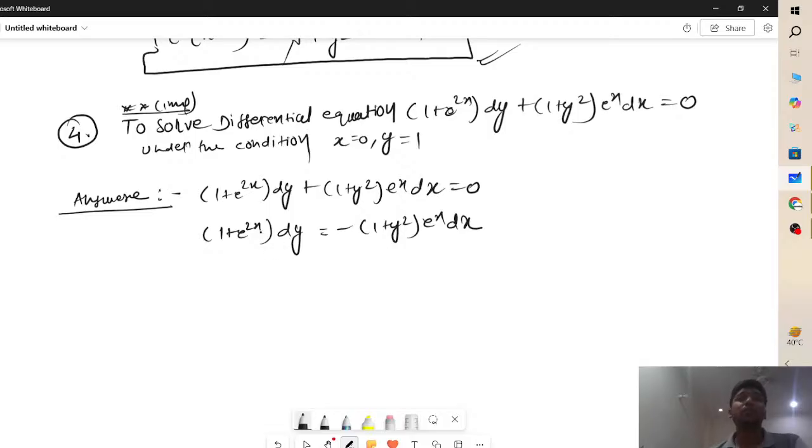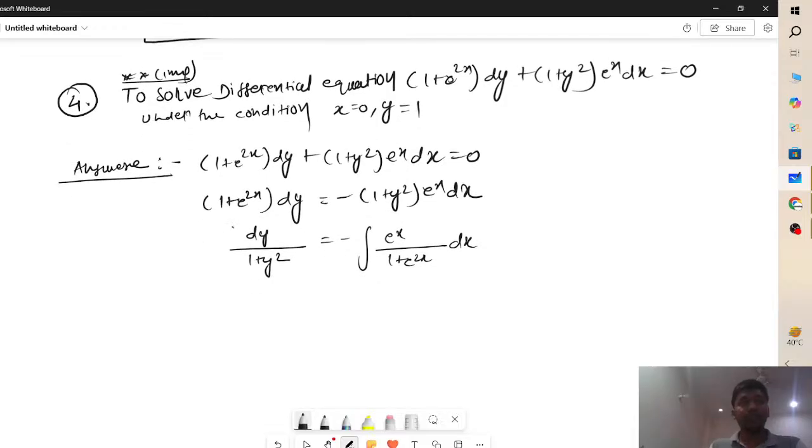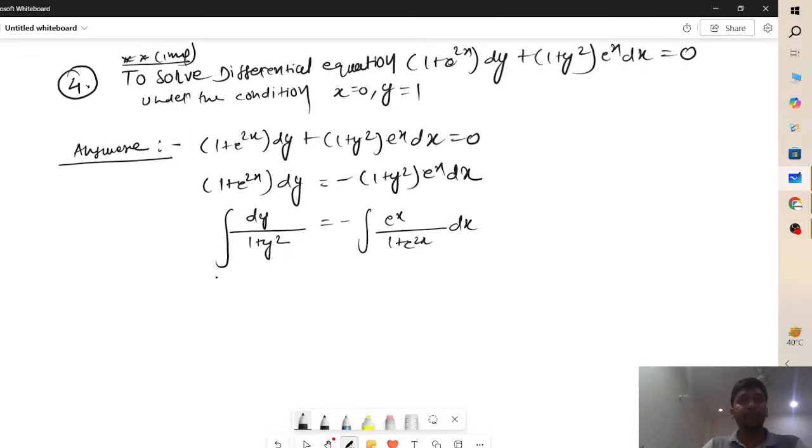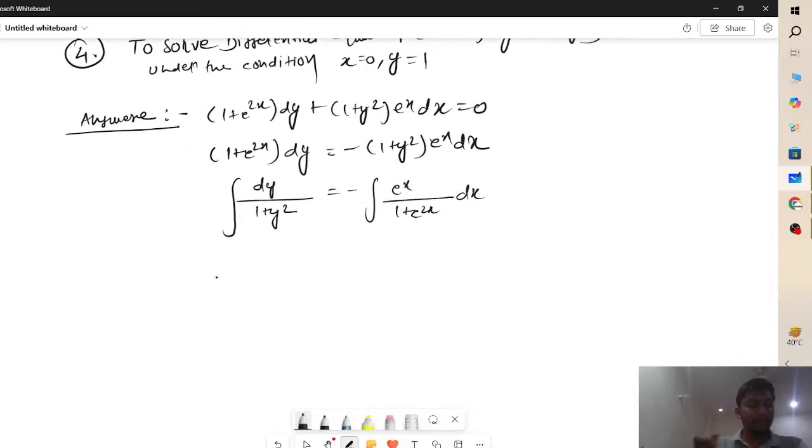Again, we separate the variables, like writing dy by 1 plus y square together and writing e^x by 1 plus e^2x dx together. So we get dy by (1 plus y square) equals minus e^x by (1 plus e^2x) dx, which can be integrated on both sides.